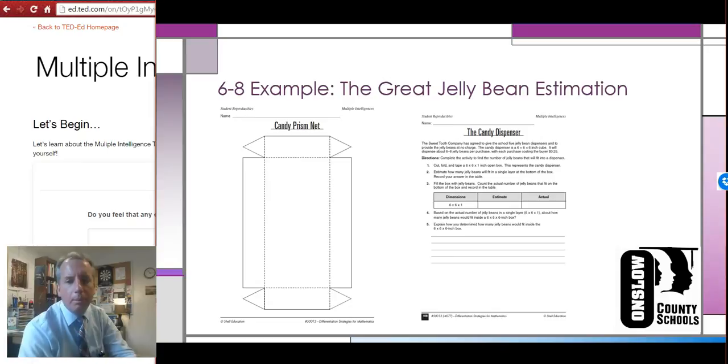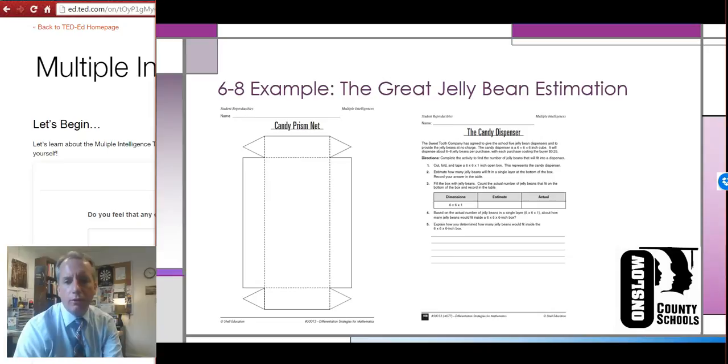The Sweet Tooth Company has agreed to give the schools 5 jelly bean dispensers and to provide the jelly beans at no charge. The candy dispenser is a 6 by 6 by 6 inch cube, and it will dispense about 6 to 8 jelly beans per purchase, with each purchase costing the buyer a quarter. So it tells in the directions, we're going to complete the activity to find the number of jelly beans that will fit into the dispenser itself.